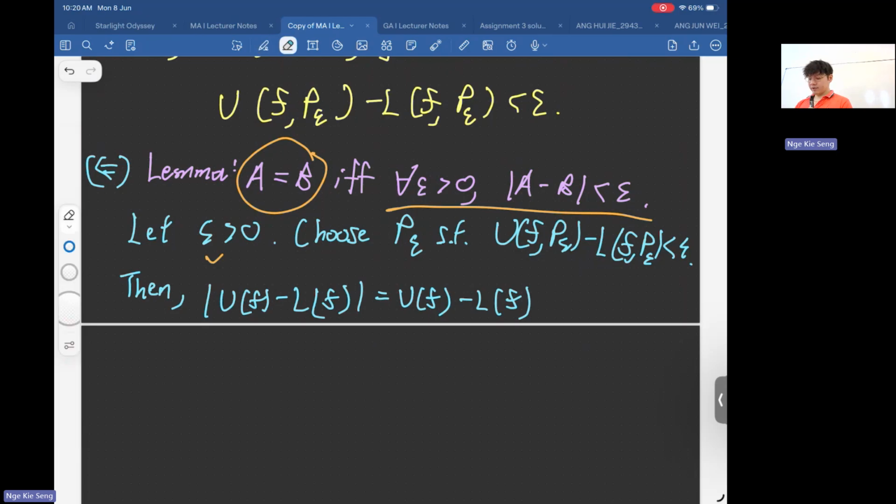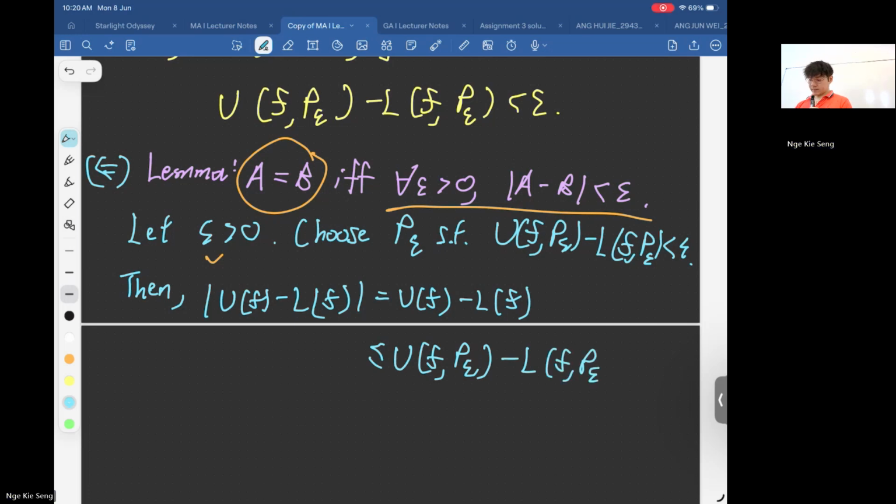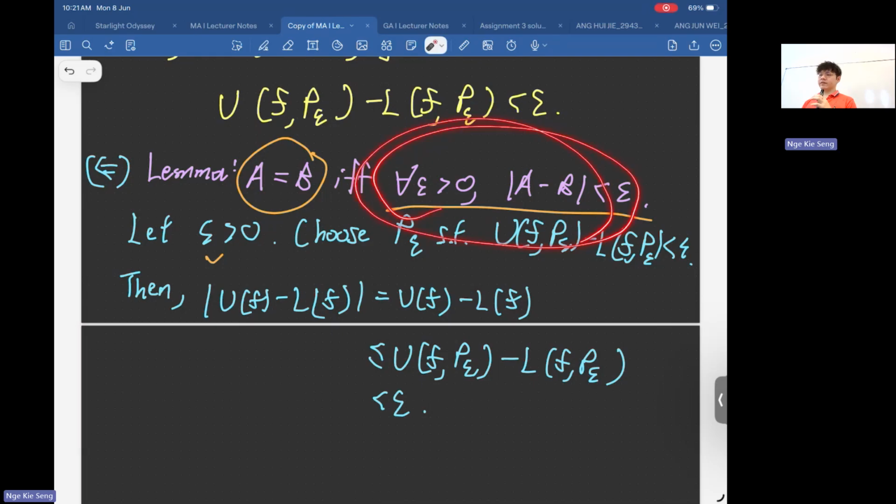I can compare them to one fixed P epsilon here. Because UF is the inf, UFP should be greater or equal to UF, and since LF is the sup, it goes the other direction. But then we can make sure that this thing is less than epsilon. So we reach the right-hand side of the condition of this lemma.